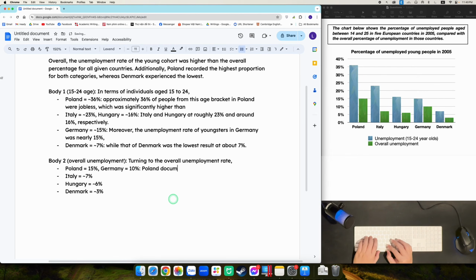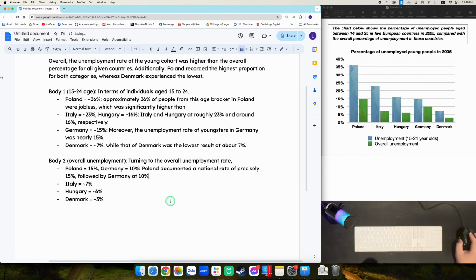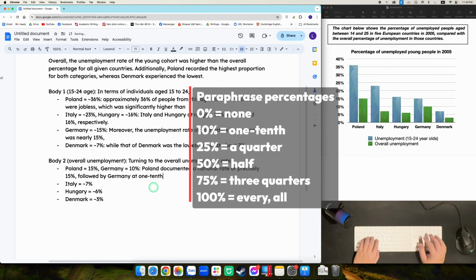Poland documented a national rate of precisely 15%, followed by Germany at 10%. In reports that exhibit percentage, sometimes you want to show off to the examiner that you can also paraphrase percentage points. For example, instead of 10%, you can say 1/10.